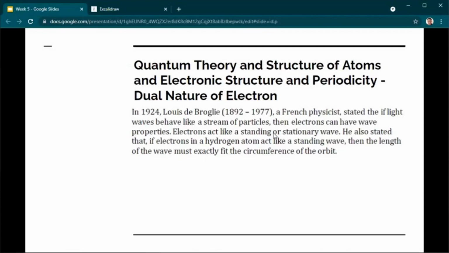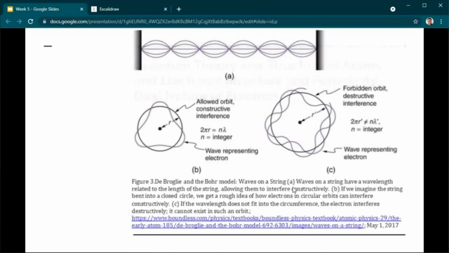So wave affects wave. Electrons act like a standing or stationary wave. He also stated that if electrons in a hydrogen atom act like a standing wave, then the length of the wave must exactly fit the circumference of the orbit.